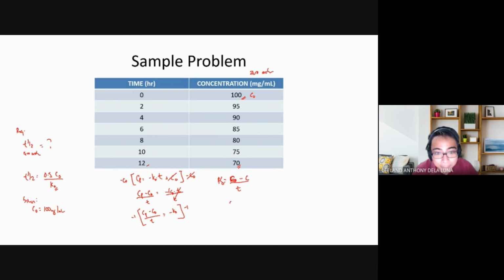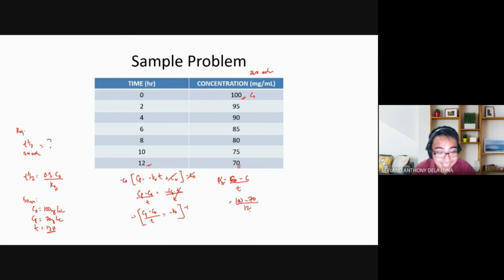So therefore, the plasma concentration I will use, the Cp, would be 70 milligrams per ml, and the time would be at 12 hours. Okay, at the 12th hour. So therefore, my K sub 0 would be 100 minus 70 divided by 12.